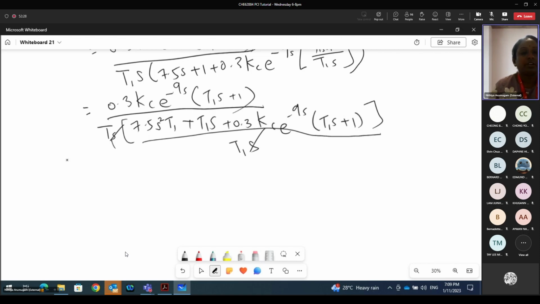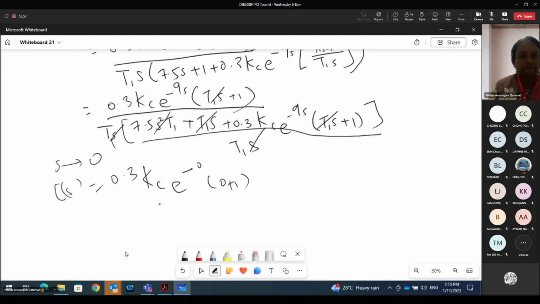Okay, so now by the final value theorem, when s approaches 0, we will be getting C as 0.3. So 0 means this one 0, this 0, this 0, and this 0. So that will give us Kc e negative, here 0, because the 9s is also 0.